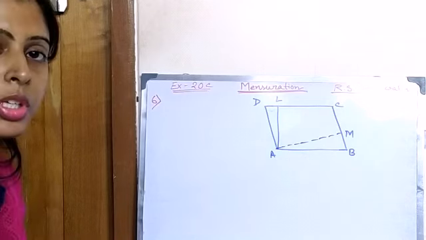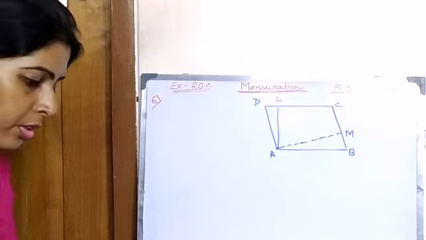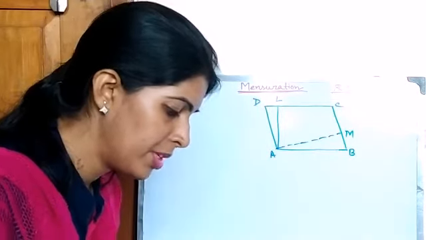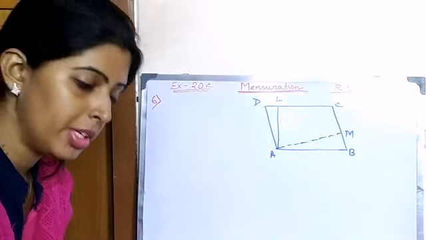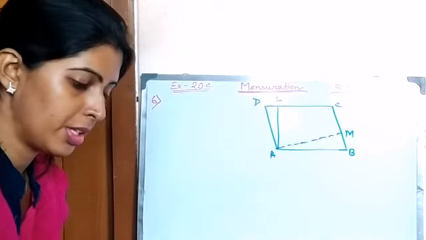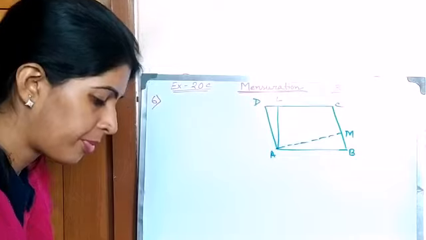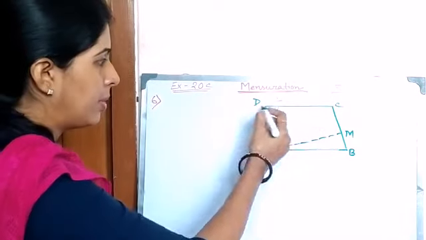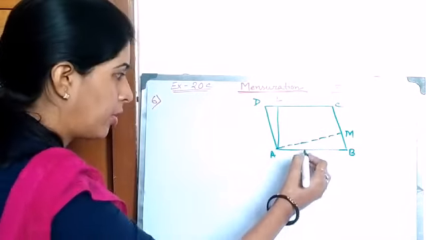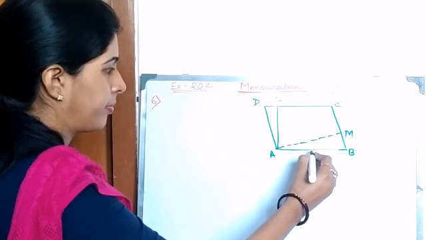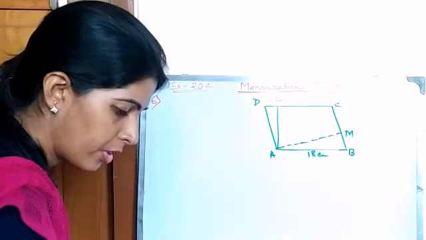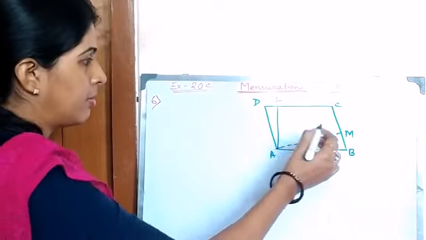Now coming to question number 6. In a parallelogram ABCD, AB equal to 18 centimeter, BC equal to 12 centimeter, AL perpendicular to DC. This is AL perpendicular to DC.